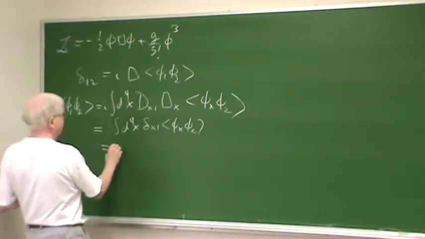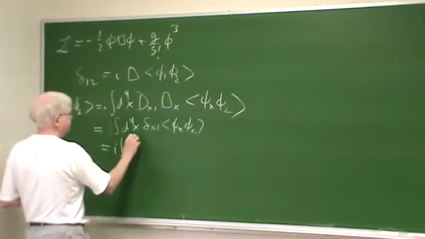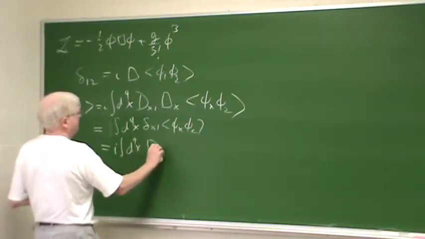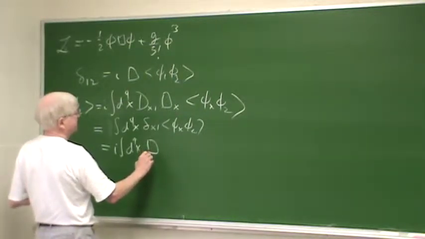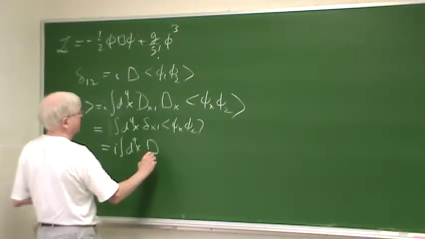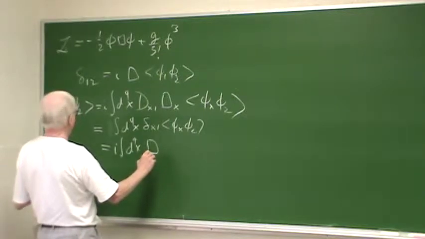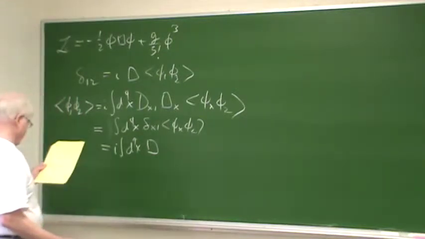Delta x1 is i integral d^4x box. Wait a second, something is screwy here.